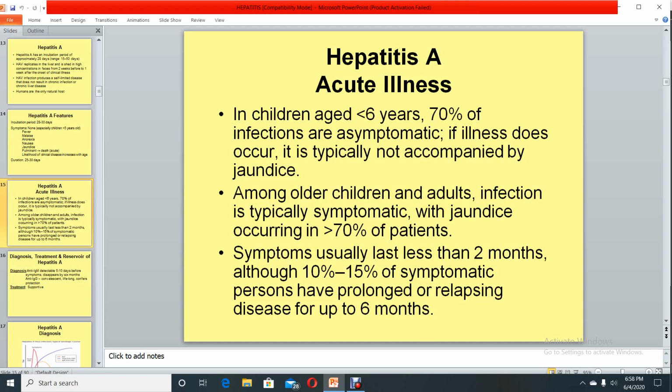It usually does not affect the middle-aged population and old people. It can infect old or middle-aged people only via blood transfusion, and that too by chance. Otherwise, hepatitis A is a disease of the young population.